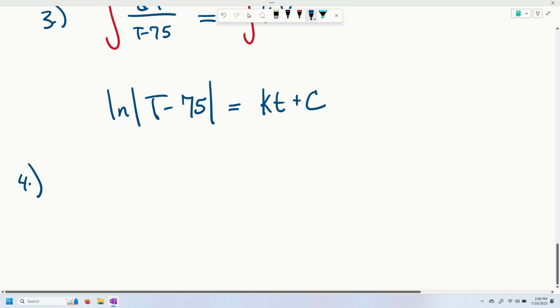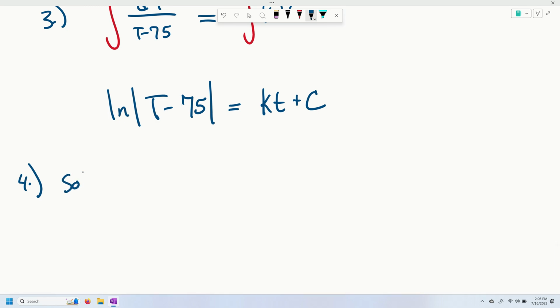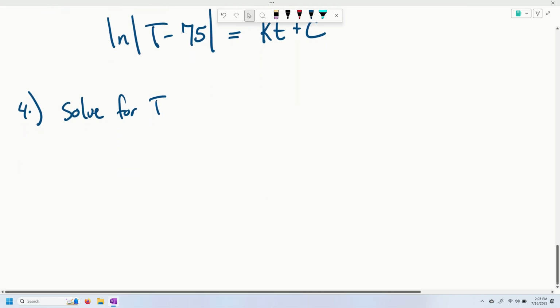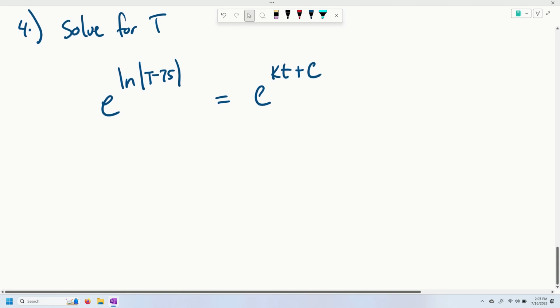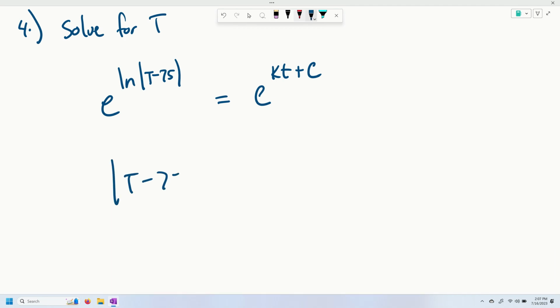Step 4, we're going to solve for T. So to solve for T, we're going to exponentiate both sides. On the left-hand side, we just end up getting the absolute value of T minus 75 equals e to the Kt times e to the C.